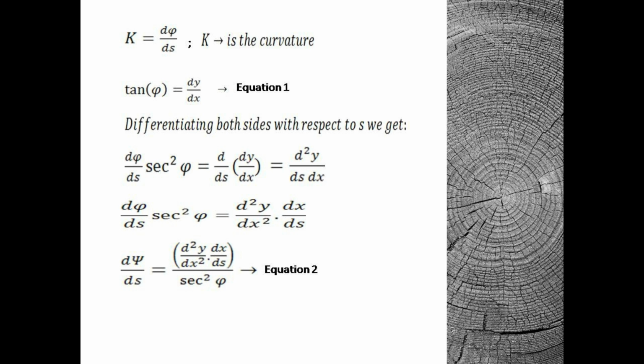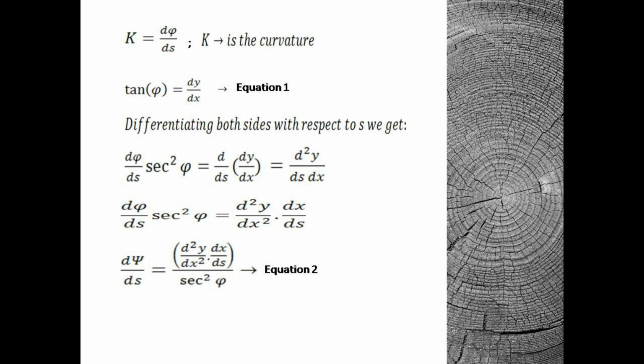As you know, the angle that a tangent to a curve at any point makes with the x-axis in the counterclockwise direction is psi. So tangent of that angle, that is tan psi, is nothing but the slope of the tangent to the curve at that point, which is equal to dy by dx at that point.